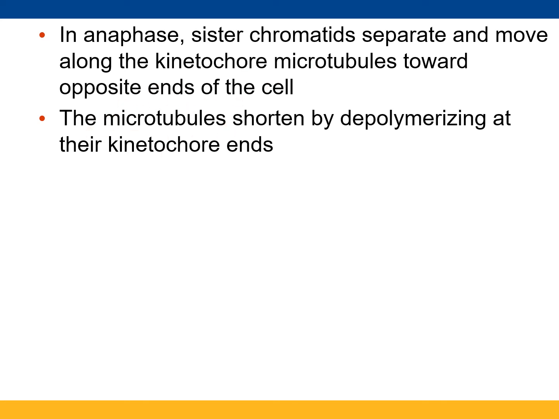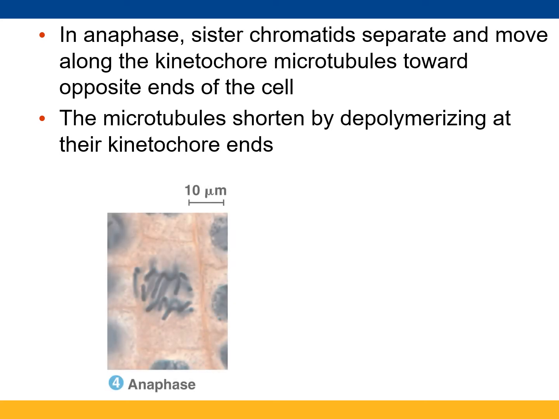Now, one thing we know about the motion of the microtubules is that it is not a pulling motion by the spindles. It's not a pulling motion by the asters. It is actually an enzymatic function by the kinetochore, and that's why I said enzymatic earlier. The kinetochore is actively breaking down the microtubules, and so those microtubules are shortening, and that's what's drawing the chromosomes to the distal ends of the parent cell.